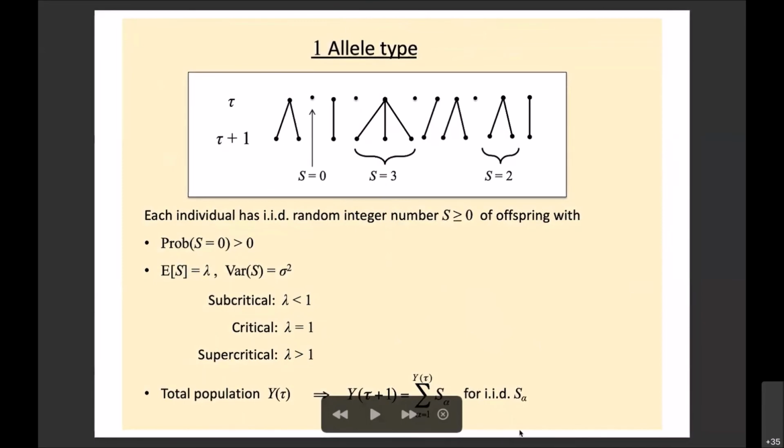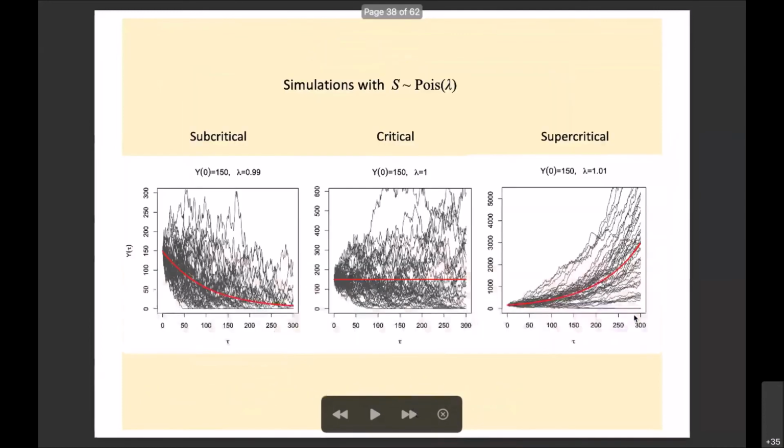The defining formula is that the population size at time tau plus 1 is the sum of all these s's over the population size at the previous generation. So you just add up the number of individuals that each parent of the previous generation produced. Okay, so that's enough to define the whole system.